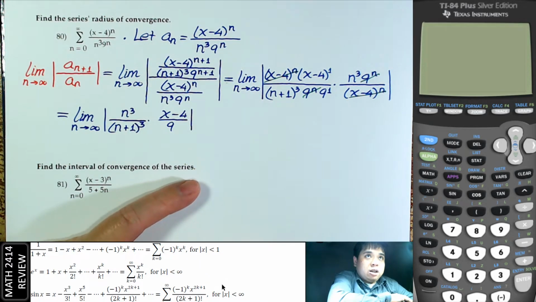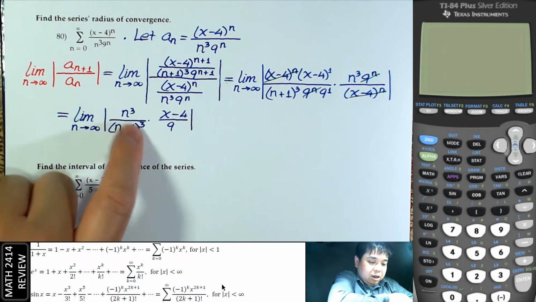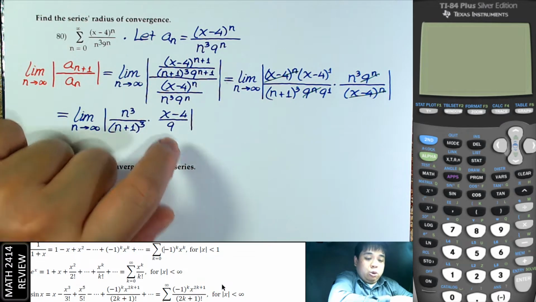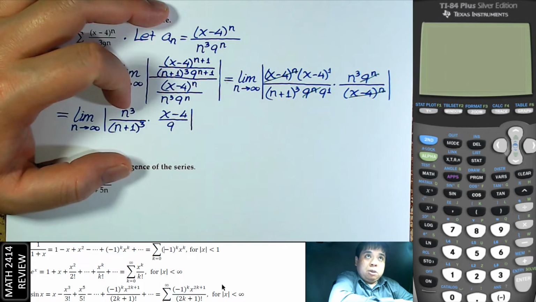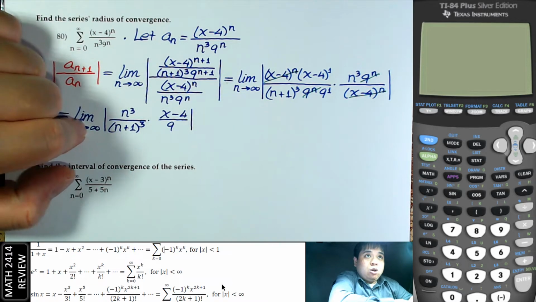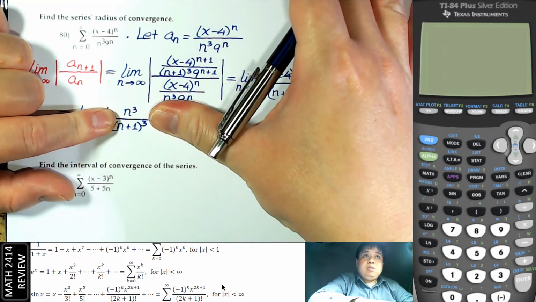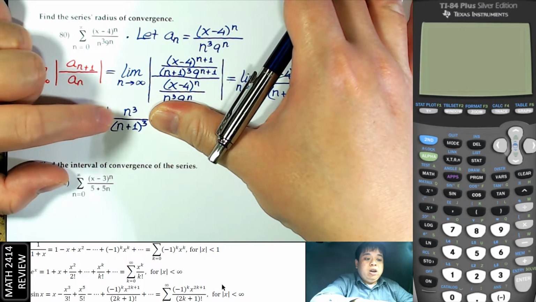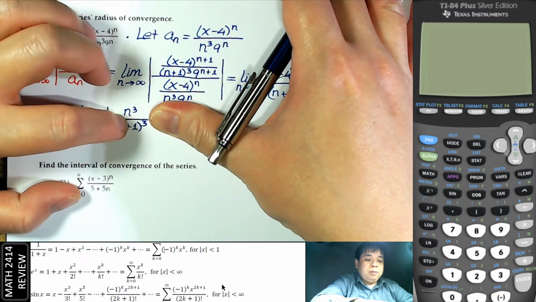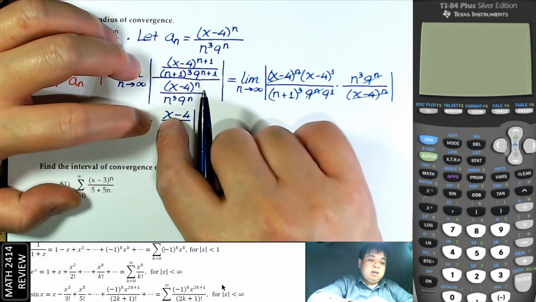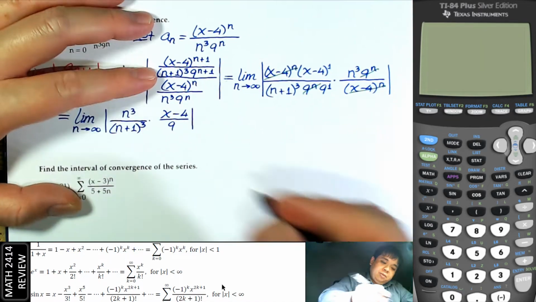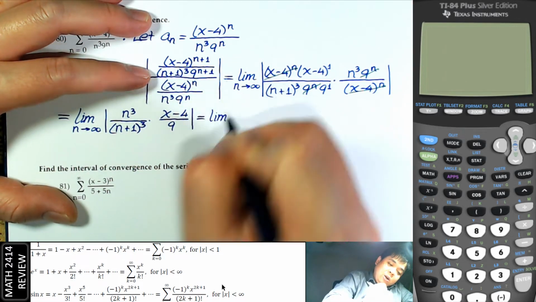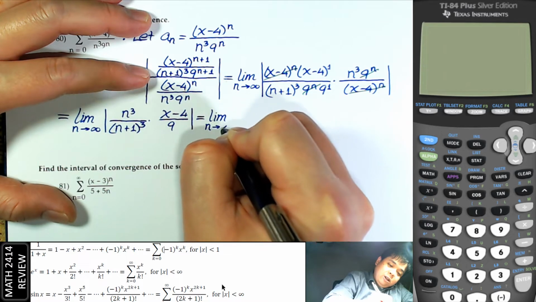Notice that this has n in it, x minus 4 over 9 doesn't have n in it, so we can just write that out separately. Also, since n goes to infinity, that term is positive. So we really don't need absolute values for this term. We do need the absolute values for x minus 4. That is the only thing we need the absolute values for.